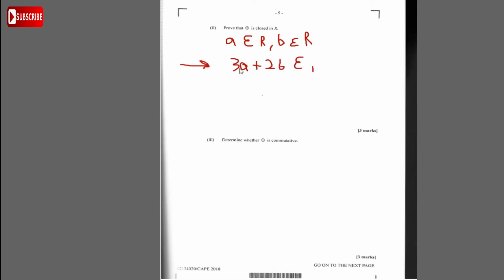So this is also a real number. But 3A plus 2B, that's just A star B. And so this implies that A star B is closed in R. Since A star B is equal to this, A star B is closed in R.